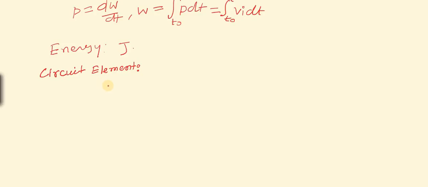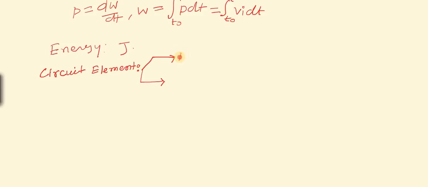A circuit element is a two-terminal device which is completely characterized by the current through that element or the voltage across it. Circuit elements are grouped into two categories.